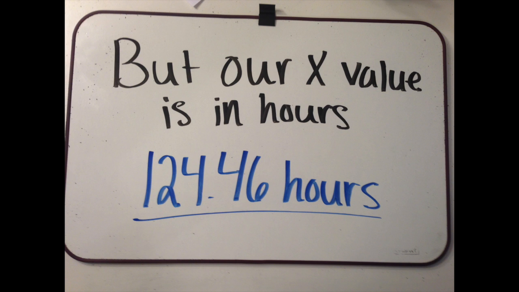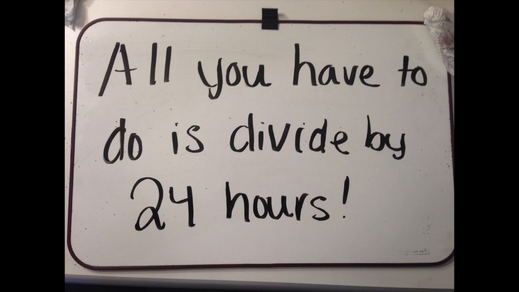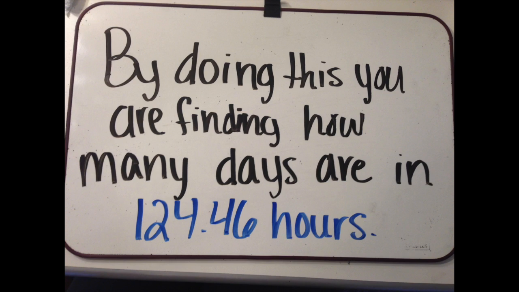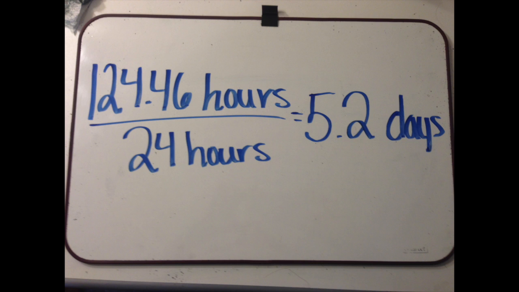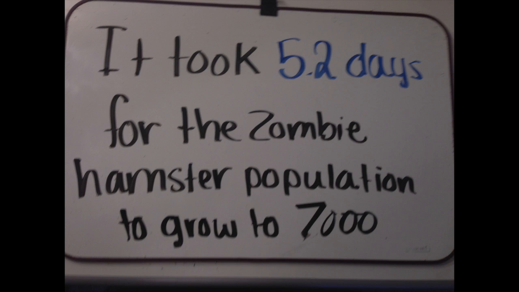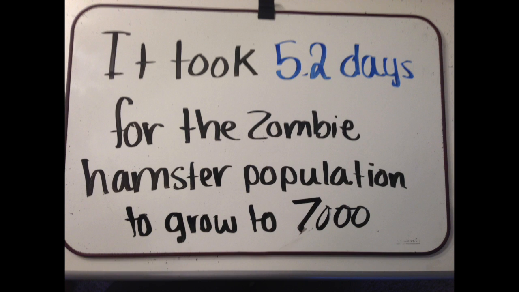But this value is in hours, so all we have to do is divide the value by 24 hours. This will show us how many days there are in that amount of time. So let's go ahead and do that. We will see that this equals 5.2 days. So the answer to our question is it took 5.2 days for the zombie population to reach 7,000.